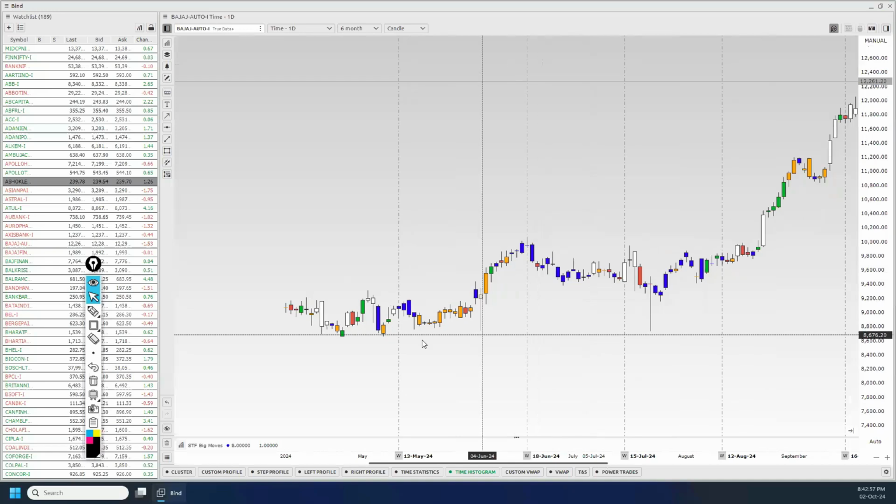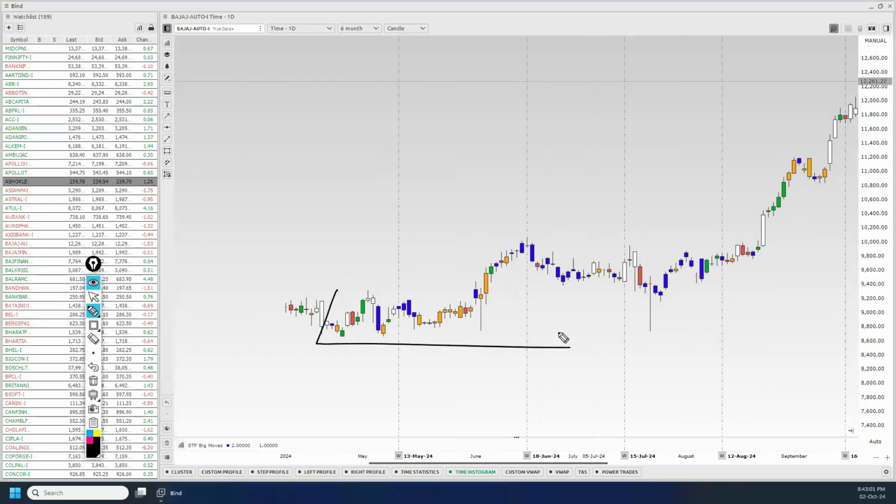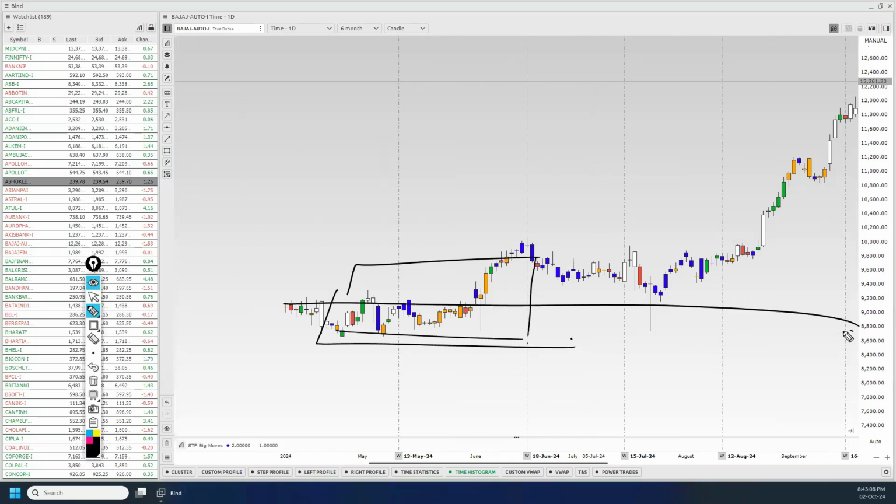If I have to explain a bit, this complete bottom is being accumulated by some big player. Then I can say that this stock will not come down below this, and this range is still happening in the market.